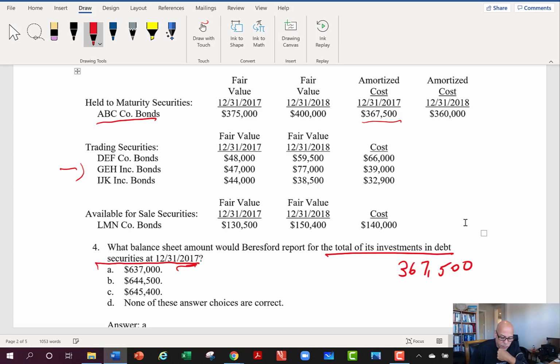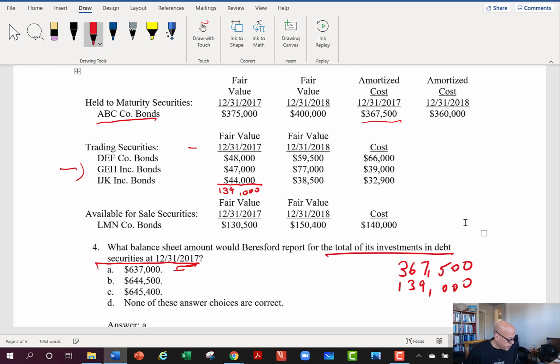The question asks about 12/31/17, so I've got to go to this column. But now I go to fair value, because trading and available for sale securities are carried on the balance sheet at fair value. So I added those up, and that comes to $139,000. Now I've got to put that with the amortized cost for the held to maturity security, right?